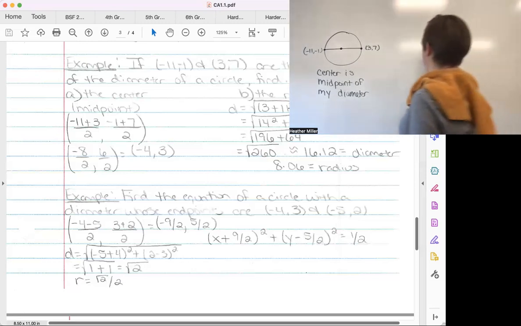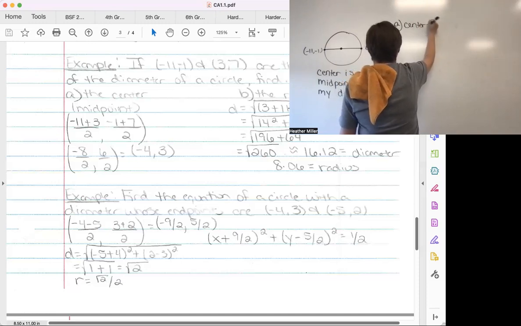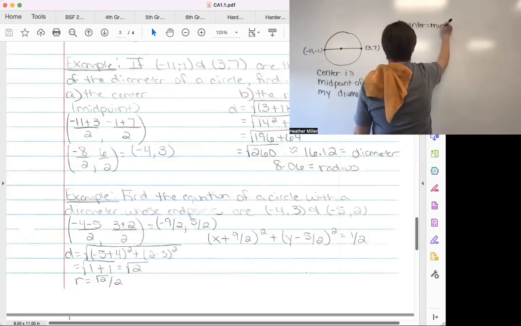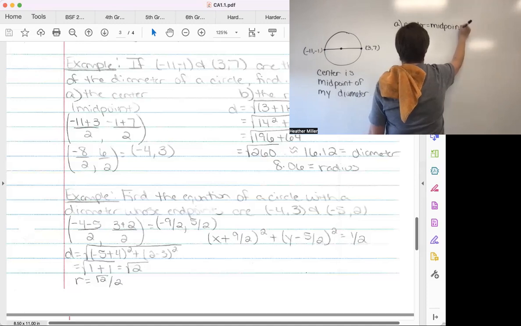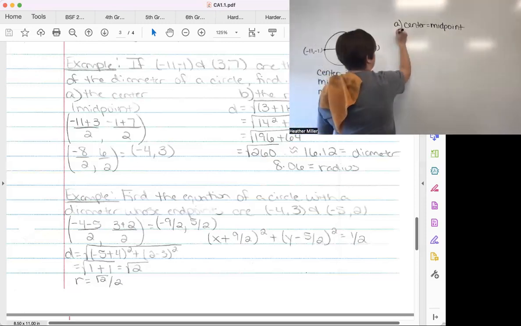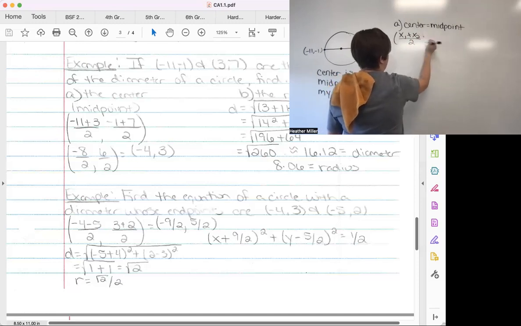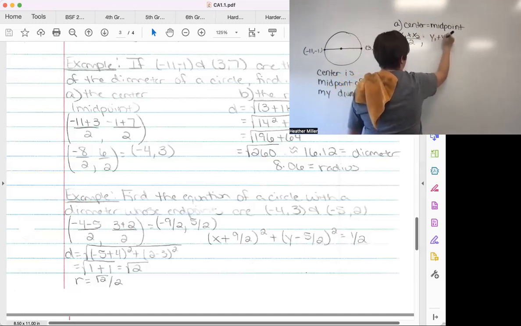That's what A is. A asks us for the center. And as we just said, the center is the same thing as the midpoint, since they gave us the endpoints of the diameter. So midpoint was (x1 plus x2) over 2, comma, (y1 plus y2) over 2.